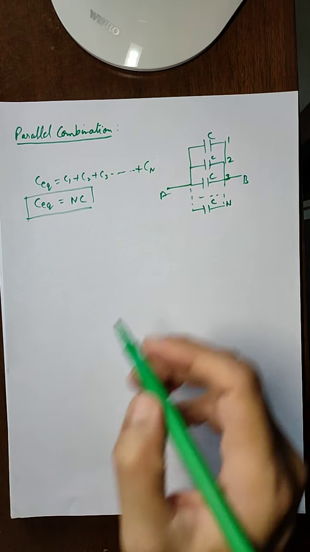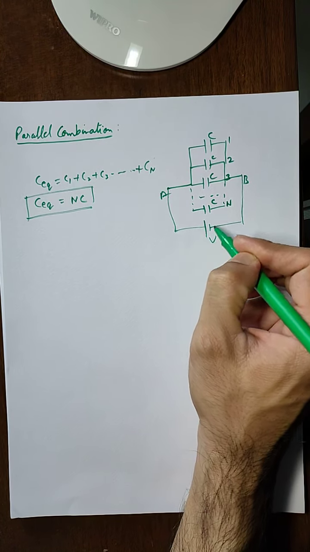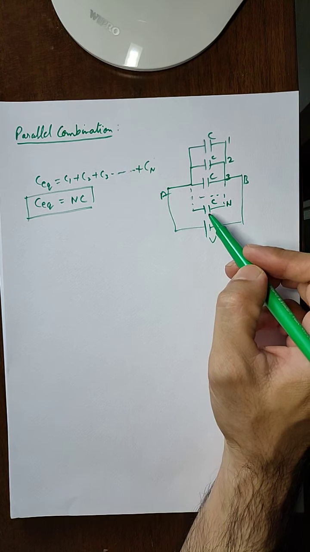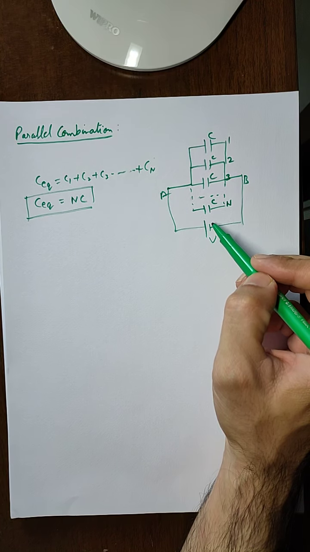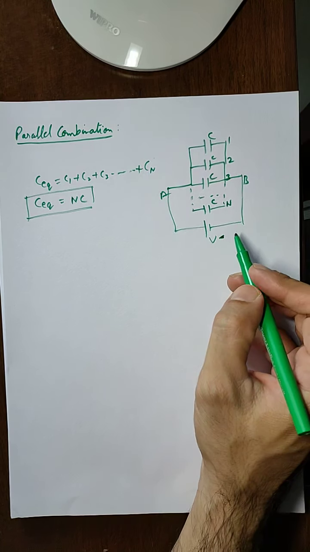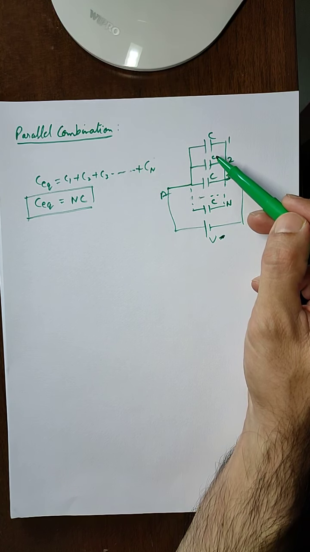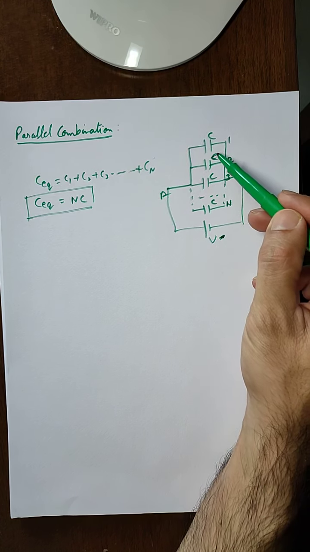Now if they are connected with a battery with a potential difference V, then we know that in each of the capacitors the potential difference will be the same as the potential difference of the battery. So it does not matter whether the capacitors are identical or not identical.